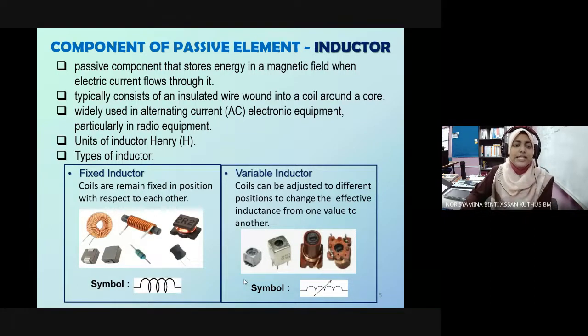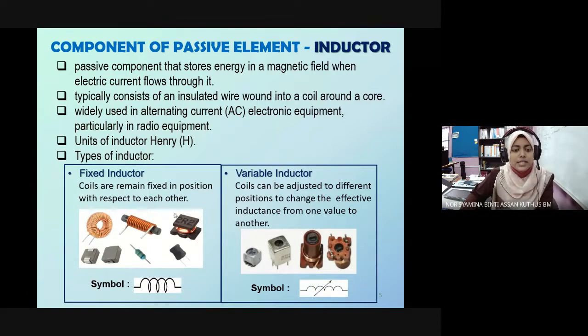So fixed inductor, so coils remain fixed in position with respect to each other. Actually kalau nampak dekat sini, number of coils in an inductor actually akan affect dia punya energy stored in any inductor tu lah.